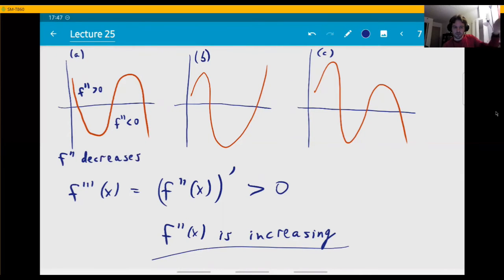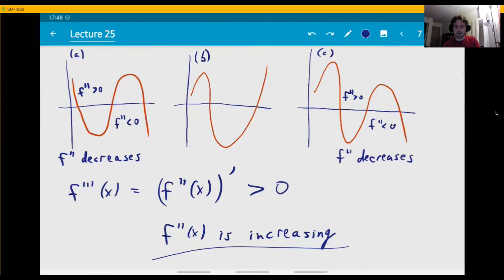If you have a number that goes from positive to negative, that means it's going down. A similar thing is going to be true on item C if you compare only this region here. Similarly, F double prime was positive here and then became negative. So F double prime decreased, at least in this location.